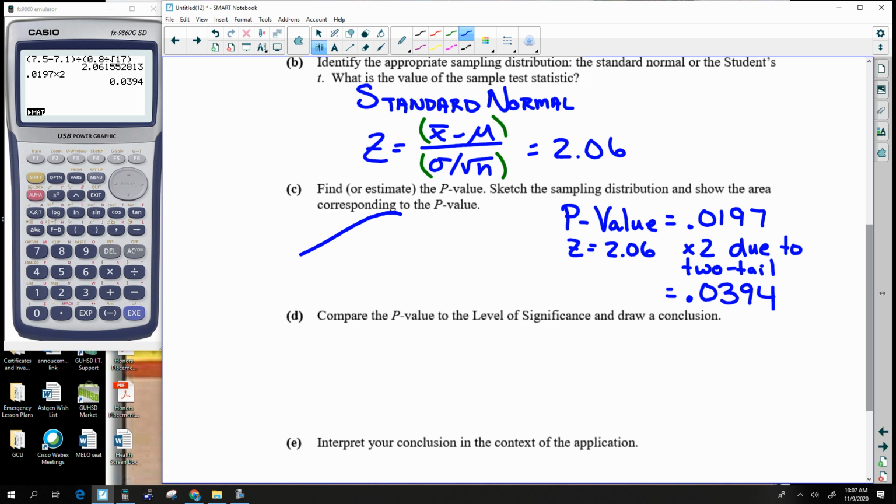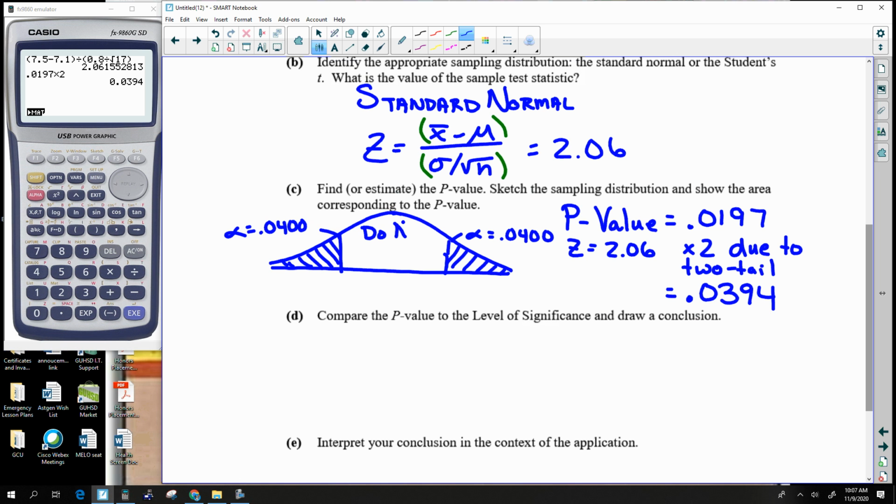Picture. I see that my p-value is 0.0394. 0.03 is smaller than 0.04, so its distance from the edge is shorter.